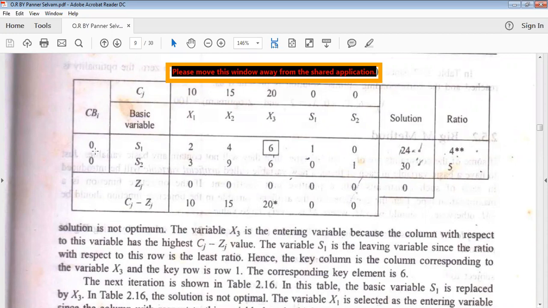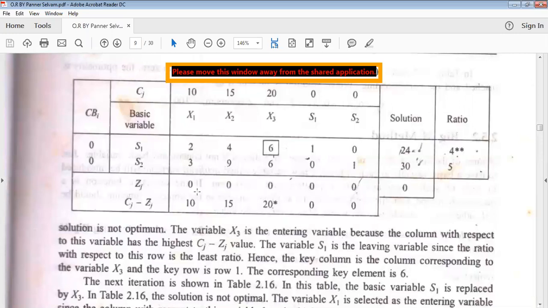Now you calculate Zj: 0 into 2 plus 0 into 3 is 0, 0 into 4 plus 0 into 9 is 0. Therefore, Cj minus Zj is 10 minus 0, it is 10; 15 minus 0, 15; 20 minus 0, it is 20; and 0 minus 0, 0 minus 0.